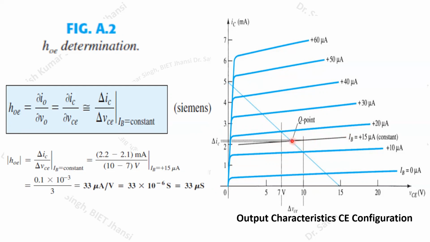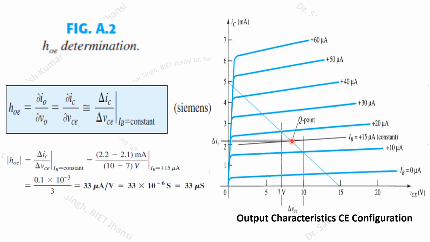If we consider this is the Q point, then what we have to do is draw a perpendicular. First of all, you have to decide at what delta VCE we have to calculate this value. Let us say this may be somewhere between 7 to 10 volts.